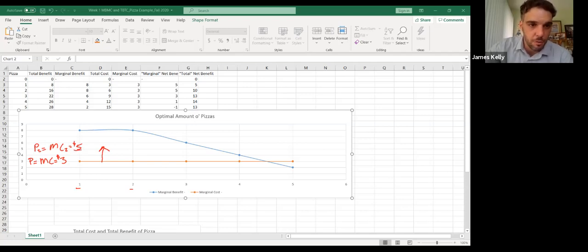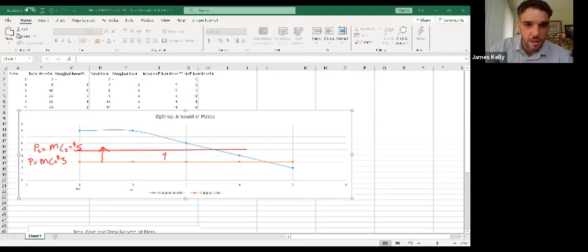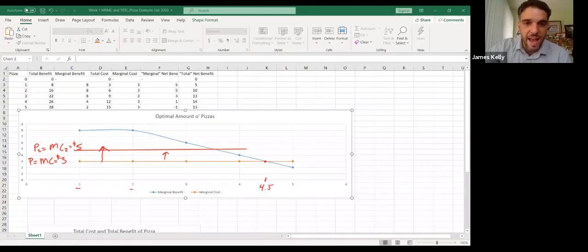Your marginal cost and your price are now greater. The price increased, so what should rationally happen? Before, we were consuming 4.5 slices, but now, because the price and the marginal cost have gone up, the amount consumed is going to be something less, like 3.5 slices.